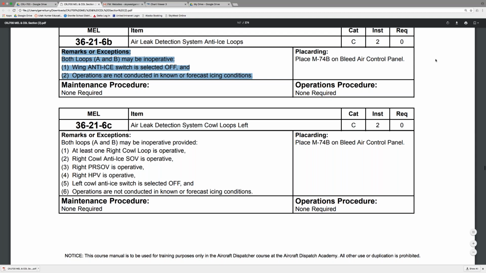Just figure out a couple of these MELs, like operations conducted at or below 310. Let's see. What about, you can't fly into known or forecast icing conditions.